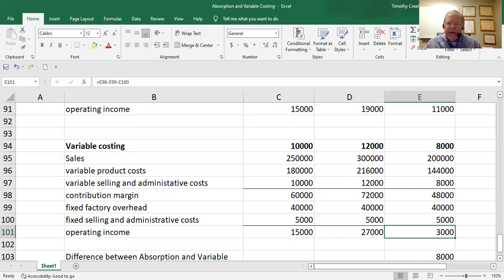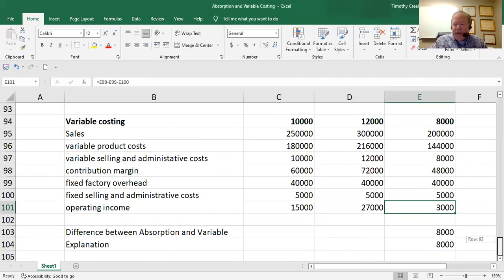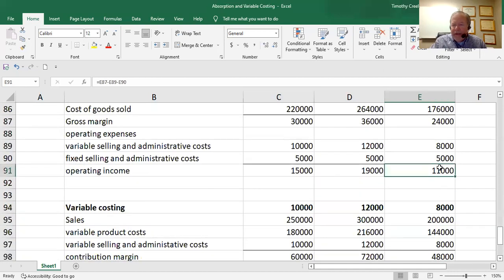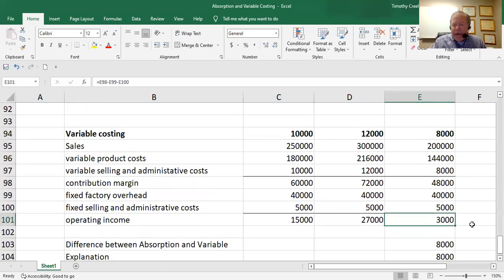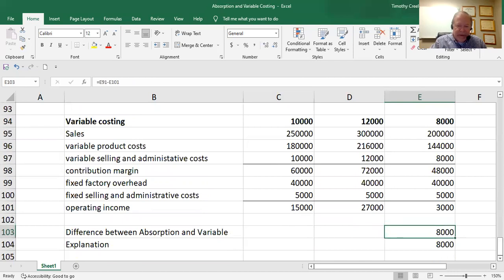This is an example of this here with the selling of 8,000 units and the production of 10. Now, the difference between the two is 8,000. So if we take the 11,000 operating income under absorption minus the 3,000 operating income under variable, we come back to $8,000.